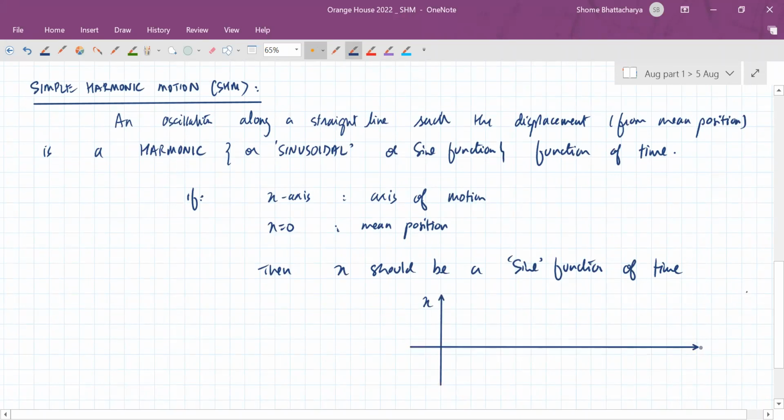That is the basic definition of the term simple harmonic motion. In fact, the two terms simple and harmonic come from that. Simple comes because it's a one-dimensional motion or straight line motion. So that's the simplest possible thing. So it should be a sine curve.